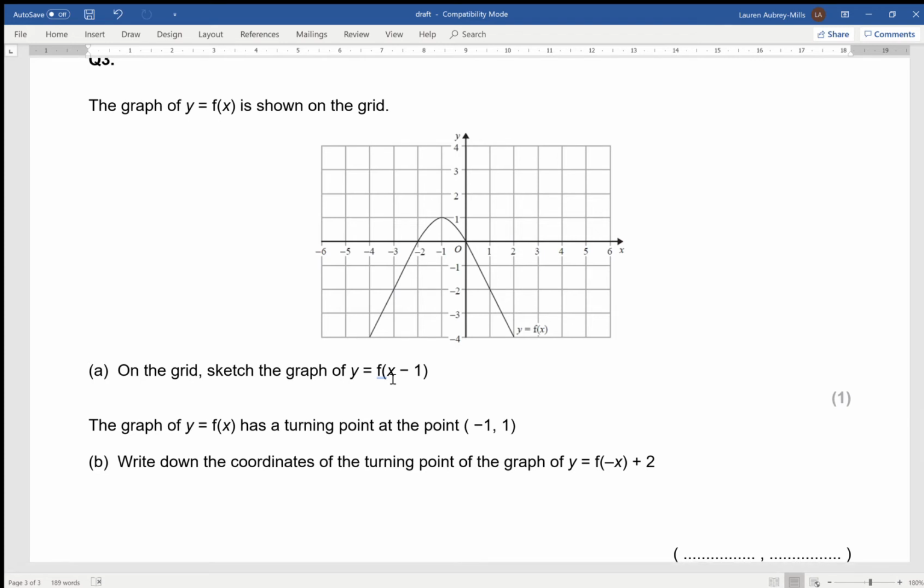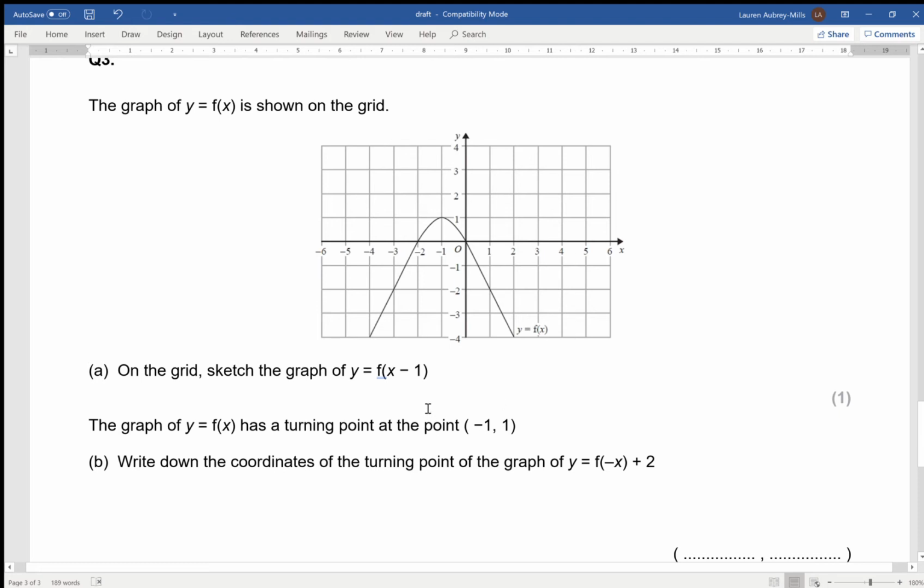GeoGebra is a really good tool to play around and see what happens as you do things inside brackets, or if you look further down here, you're doing something outside the bracket, outside the function. But inside the bracket, you're moving it side to side along the x-axis. So you're only affecting the x coordinates.